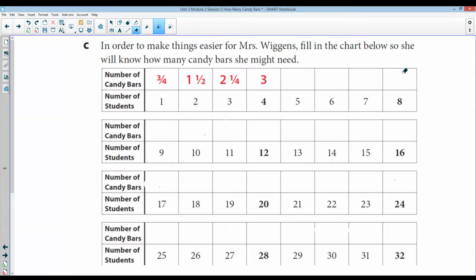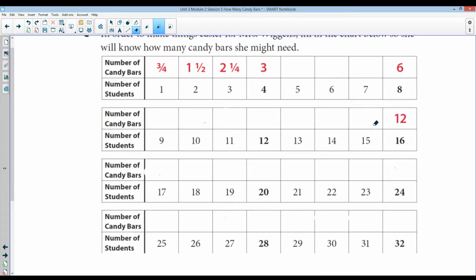So 3 doubled would be 6. Again, looking down, if we had 8 and we doubled the amount of kids, how many would come? Double 6, 12. And if 4 came and 8 came, that's 12 students, so that'd be 3 plus 6, which is 9.